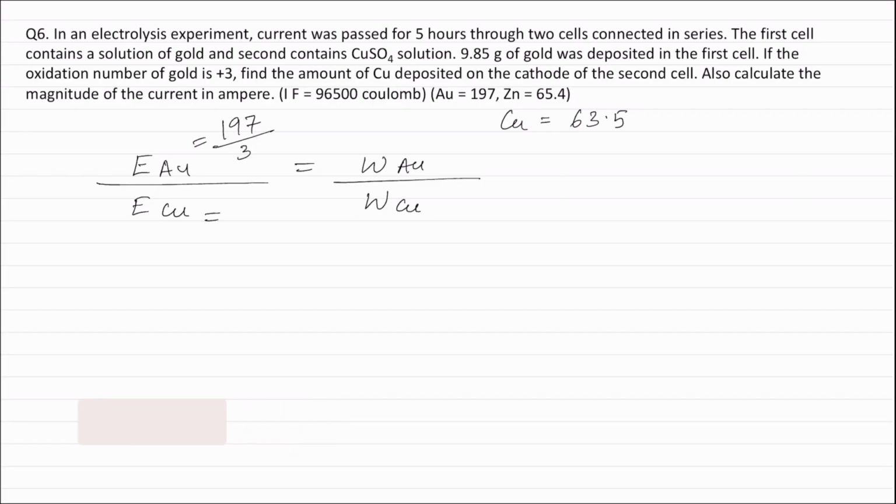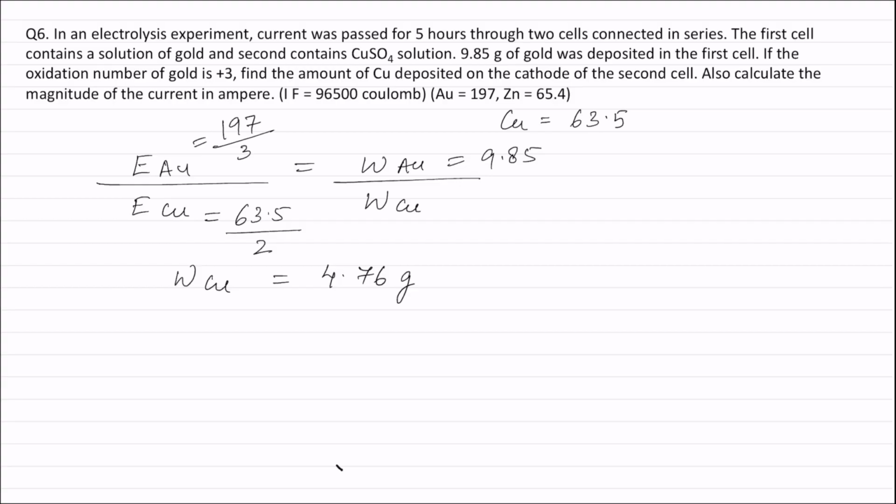Equivalent weight of copper will be atomic weight of copper, that is 63.5 divided by 2. Weight of gold deposited is given in the question as 9.85 gram. From this we get the weight of copper equals to 4.76 gram.